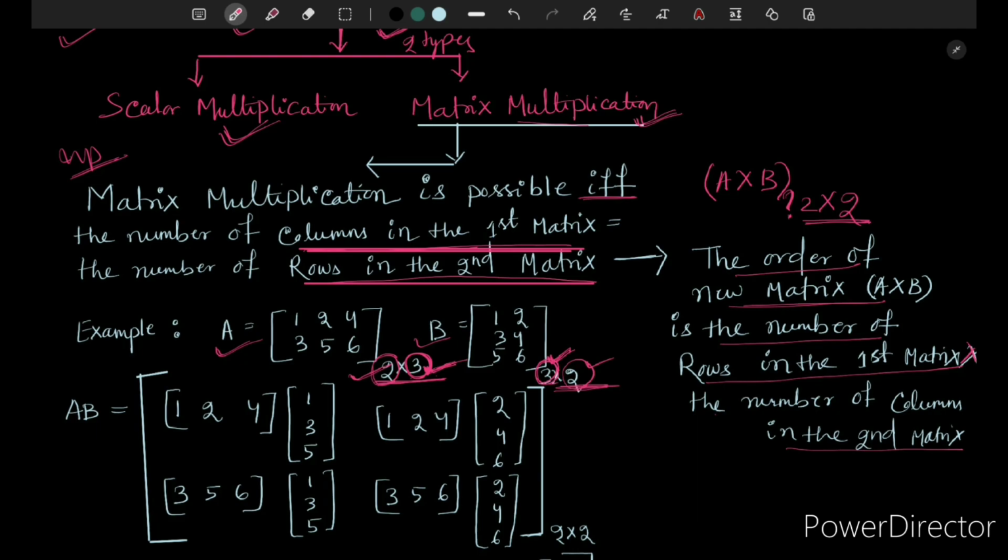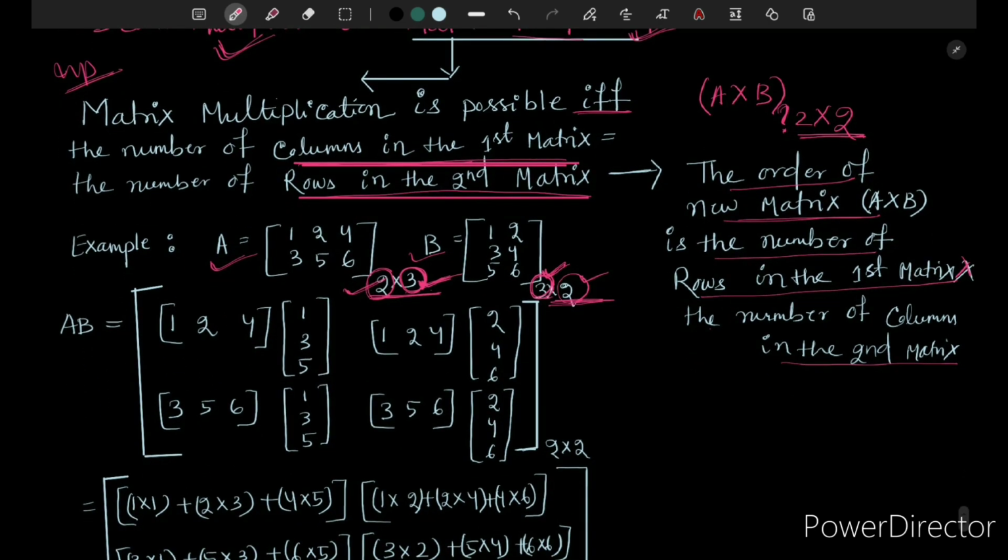So let's discuss matrix multiplication. Here I'll write A into B of order 2 by 2. How to multiply A and B? We have to multiply the first row of the first matrix with the first column of the second matrix. Then we multiply the first row of the first matrix with the second column of the second matrix.